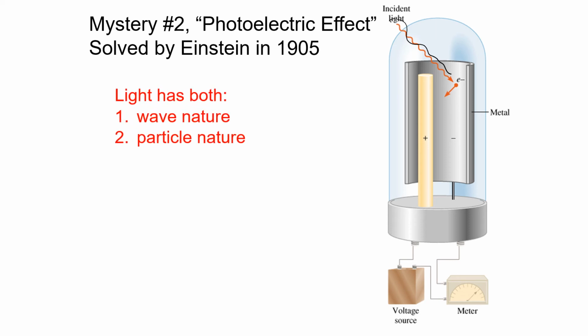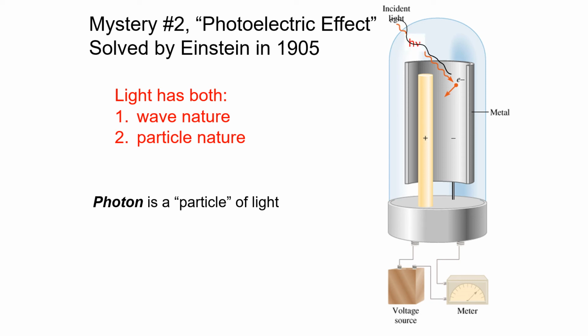So light, as we have seen, has both wave nature or wave characteristics and particle characteristics. And the photon is a particle of light.